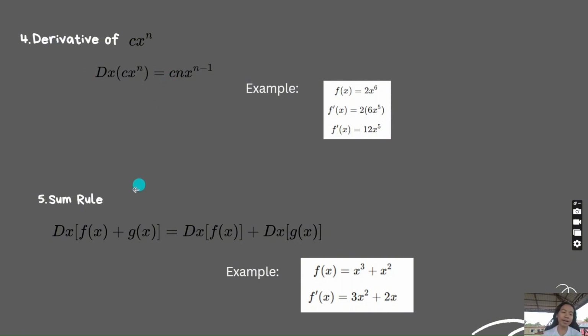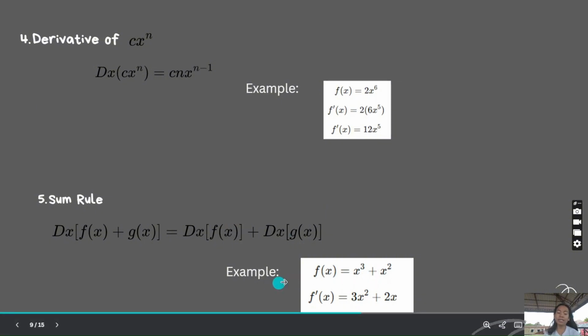Now, to move forward, we are going to discuss the sum rule. Given the formula, the derivative of f of x plus g of x is equal to the addition of simply getting the derivative of both functions. So applying them together, based on our example, f of x is equal to x cubed plus x squared.